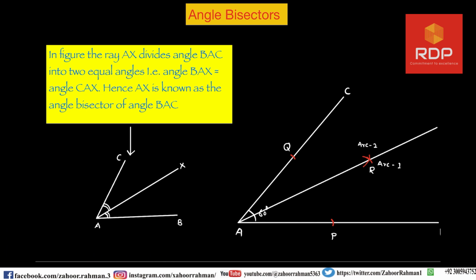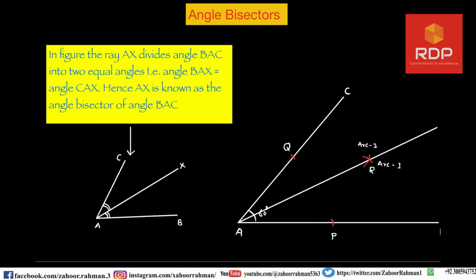Now angle bisector is no exception. There are two lines, in which this is line AB, and then we have line AC. Now dear learners, the line represented by AX is a line which is dividing the angle BAC into two equal parts.